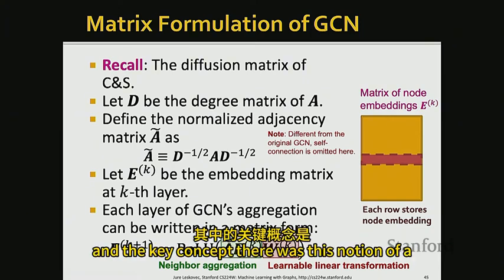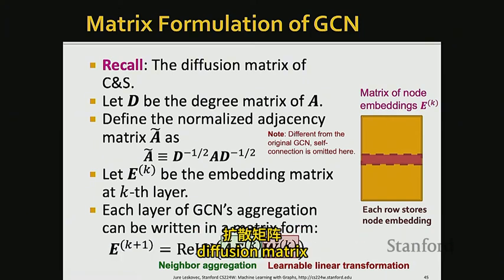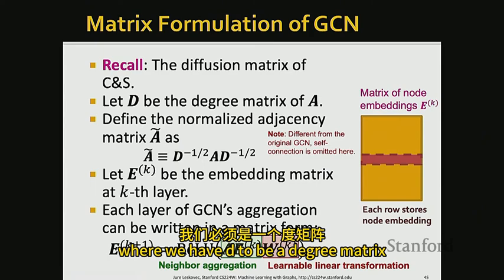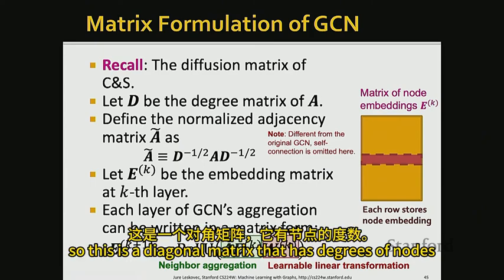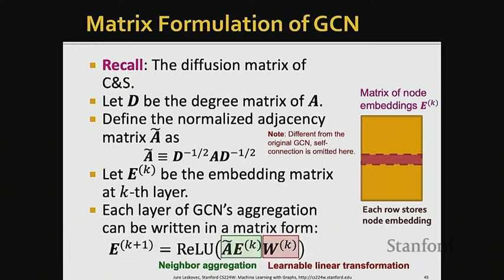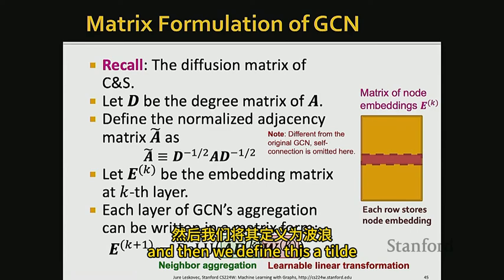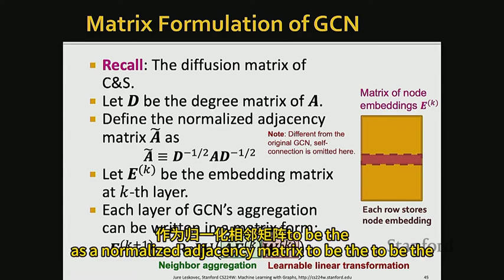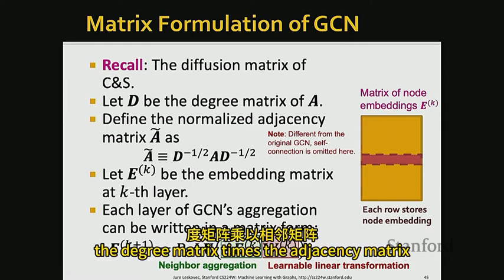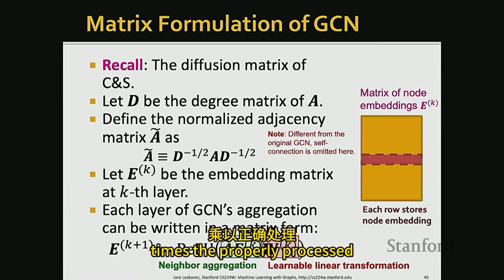And the key concept there was this notion of a diffusion matrix, where we have D to be a degree matrix. So this is a diagonal matrix that has degrees of nodes on the diagonal. And then we define this A tilde as a normalized adjacency matrix to be the degree matrix times the adjacency matrix times the properly processed degree matrix, okay?